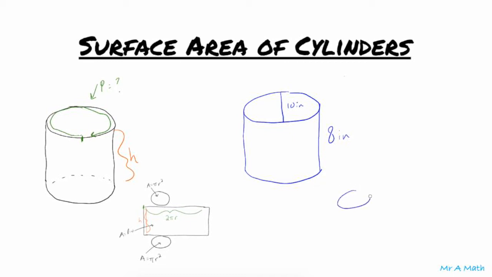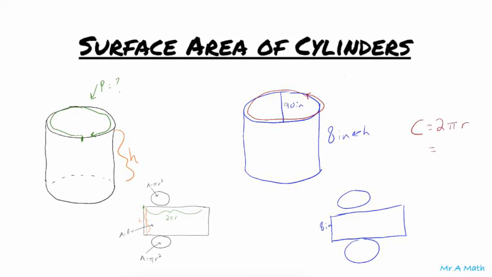Okay? So now let's think about this in terms of what we call a net. If you lay it flat on the ground, I have my two circles as my bases, and the rectangle in the middle, we know has a height, right here is our height, of 8 inches. But remember, the width of that rectangle is going to be the distance around this circle. So the width of that is going to be whatever the circumference of the circle is. And over here, I need to calculate my circumference. So it's 2 times pi times the radius.